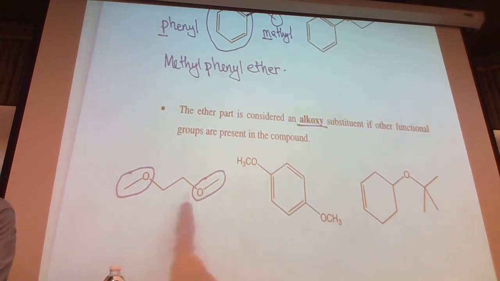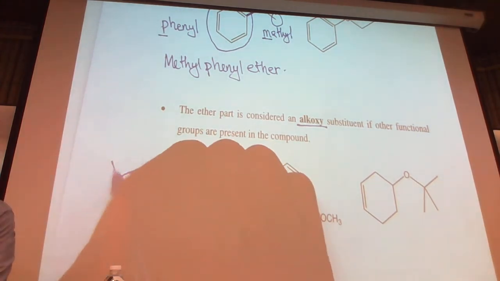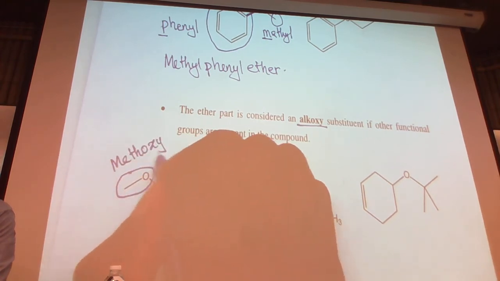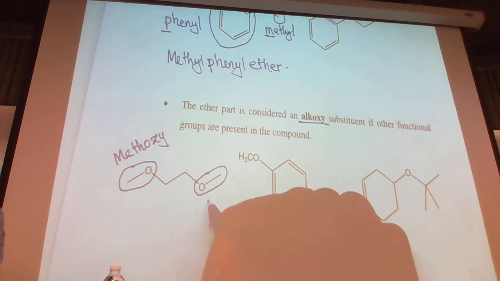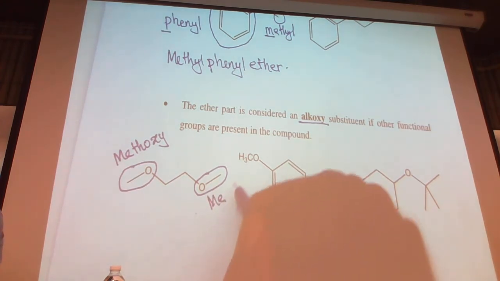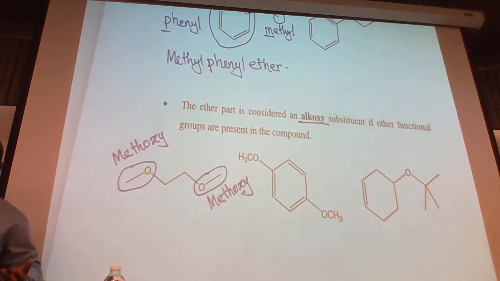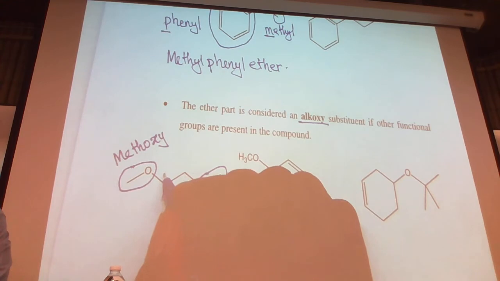So for these, we have a methoxy on this side, and we have another methoxy here. So because there are two, it becomes what? Dimethoxy, right? But the parent chain now is these two carbons.